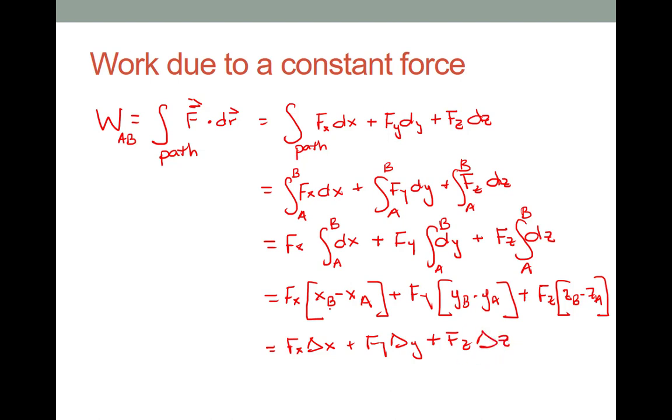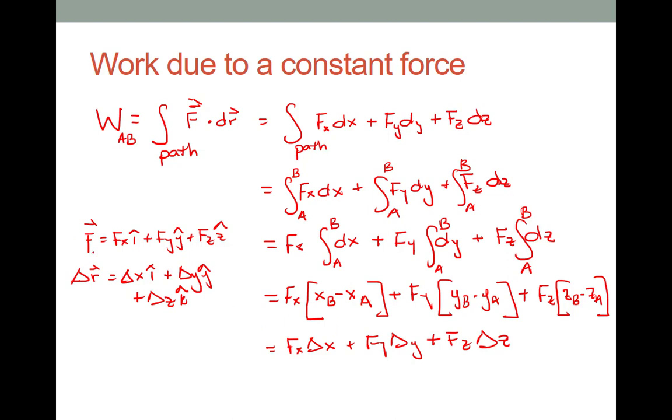Okay. Now, if you consider that our original force F was f of x i hat plus f of y j hat plus f of z k hat, delta r would be delta x i hat plus delta y j hat plus delta z k hat.